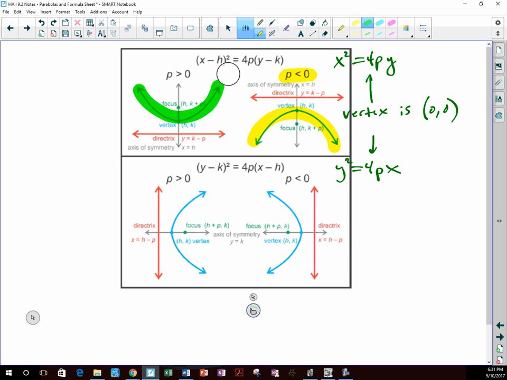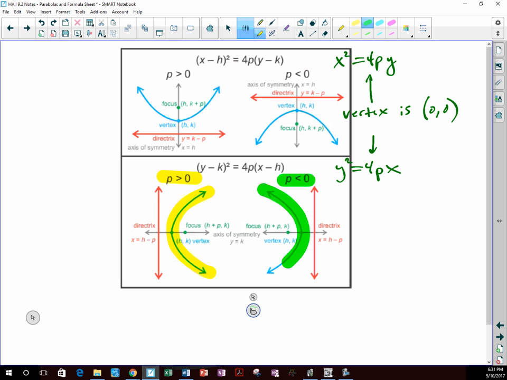But if you're dealing with a y squared parabola, that's either going to open left or right. If p is positive, it'll open to the right. And if p is negative, it's going to open to the left. So the combination of whether it's x squared or y squared and whether p is positive or negative will tell us how our parabola opens.